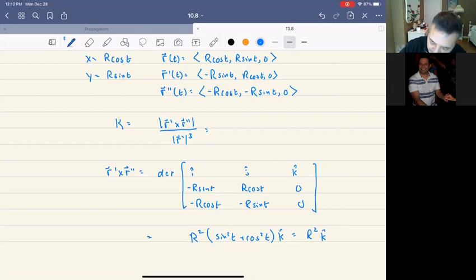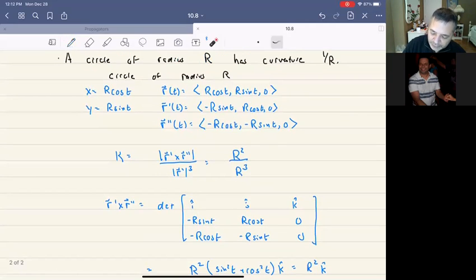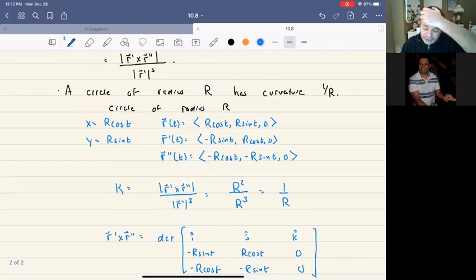So we're going to get r squared in the numerator and r cubed in the denominator; that one's pretty clear, you're just taking the magnitude of this cubed. So that's going to be 1 over r. A circle of radius r has curvature 1 over r. Okay, I'll see you all in the next video.